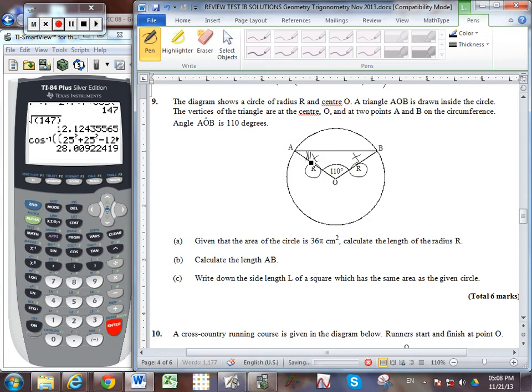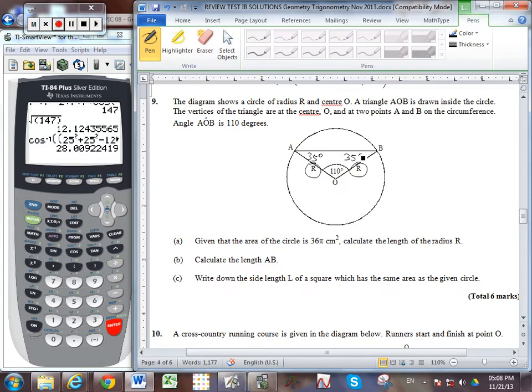Now 180 in the entire triangle minus the 110 degree angle that's already given leaves us 70 degrees to split equally between these two angles. 70 degrees divided by 2 is equal to 35, so these must each be 35 degree angles. Anyway, I don't know whether that's going to be important, but every time I look at a triangle, I immediately start trying to fill in any angles that are missing.